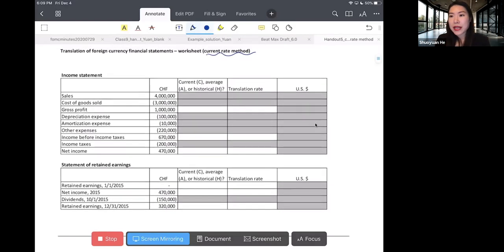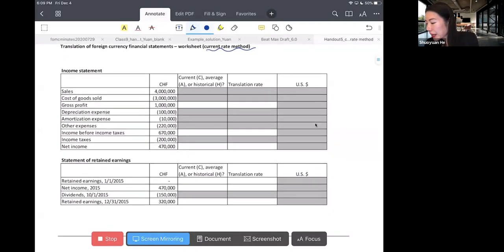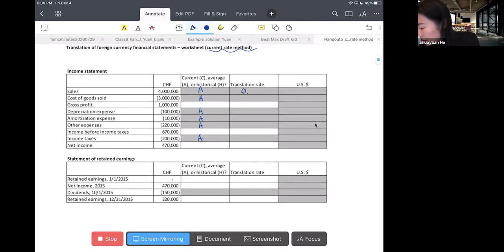We start from the income statement. On the income statement, because none of those items can be identified to any specific date, we just use the average rate for all of them. The average rate is 0.65.